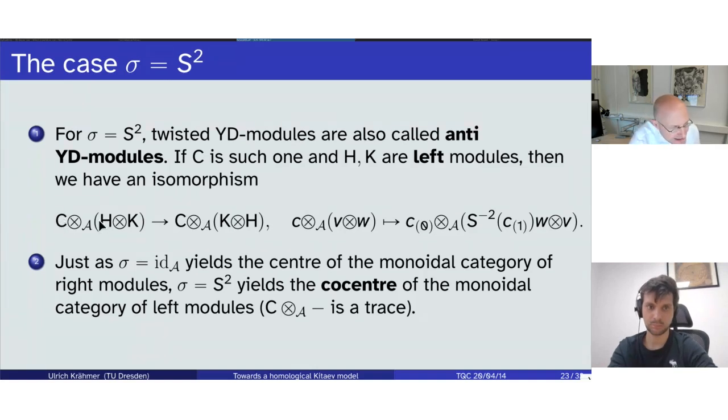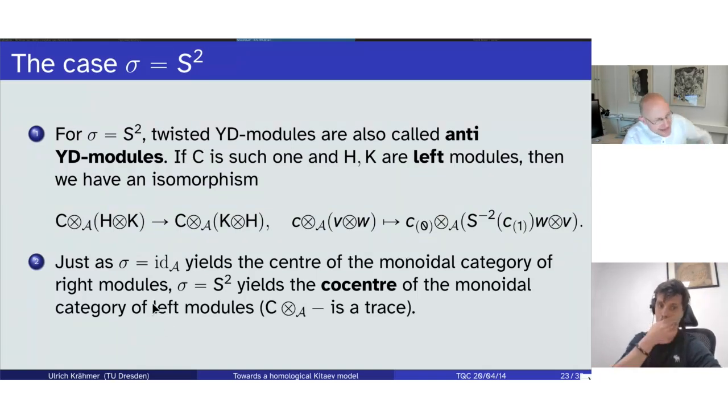And I can now see that there is an identification between this and that given by such a map, which again looks a little bit like these Jeter-Greenfeld maps or these canonical maps. I have to put an s to the -2 in here, so I have to assume here that s is bijective.